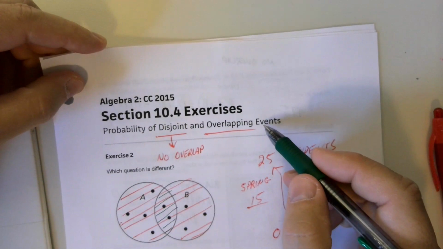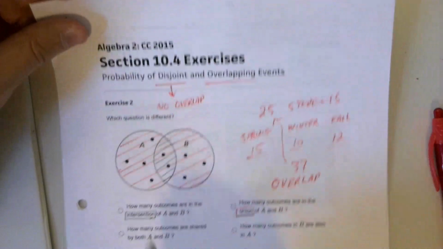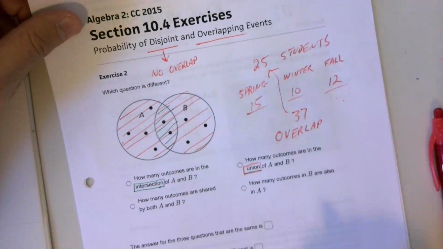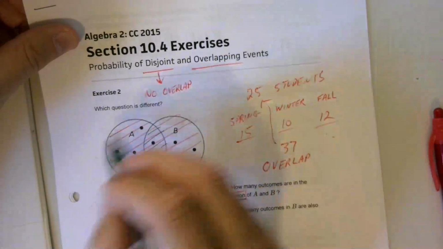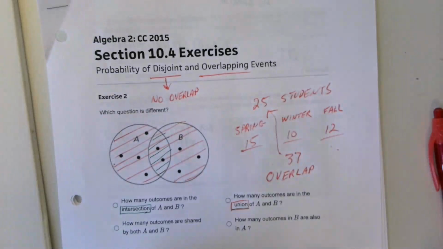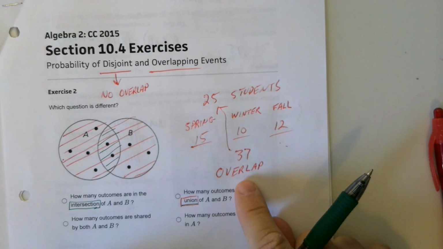So again, summary: disjoint and overlapping events. What happens when the probability of something occurs in both of those categories? We have keywords: intersections, shared space, unions. And when we're doing probabilities, we don't want to count things that are in both categories. We don't want that overlap.